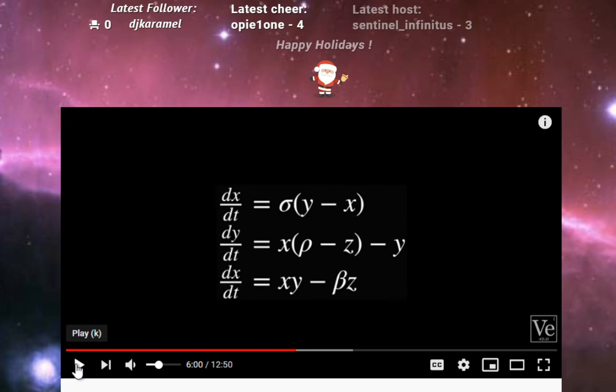This is a 2-dimensional equation. But now he's got dz over dt again, equals xy minus bz. So that's actually a transformation of a z coordinate back to the x-axis, I think. And maybe that explains why it looks like it's a 3-dimensional object.